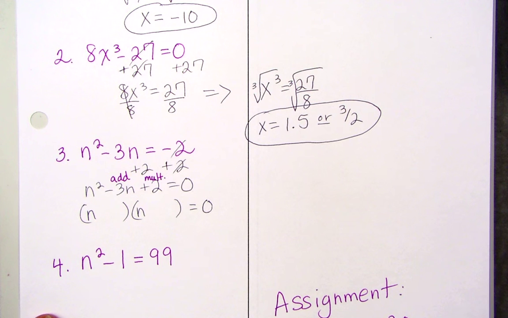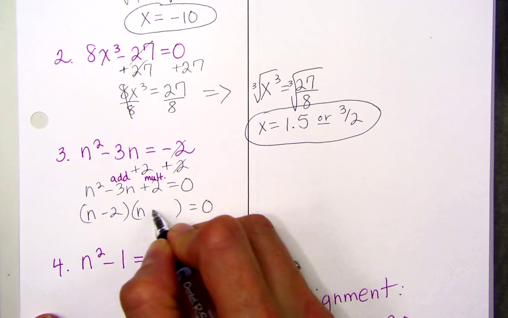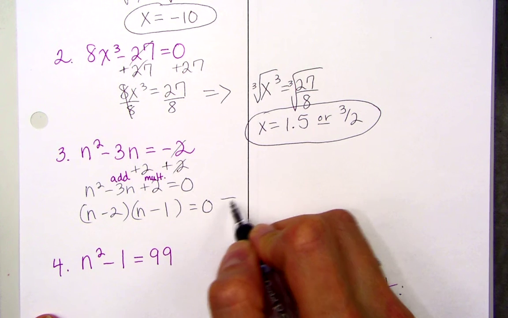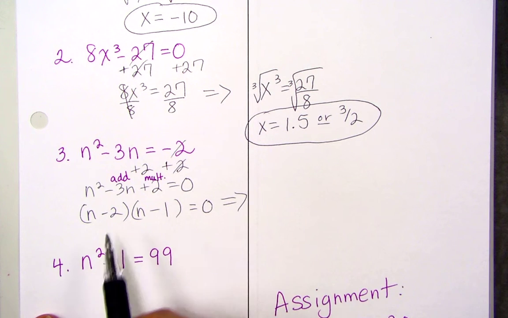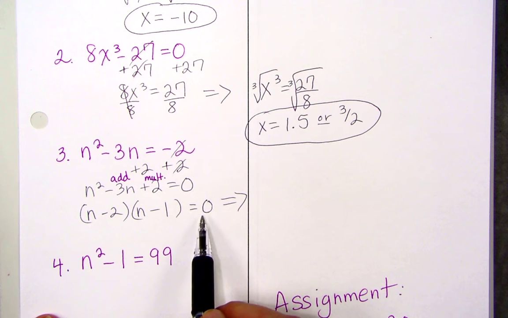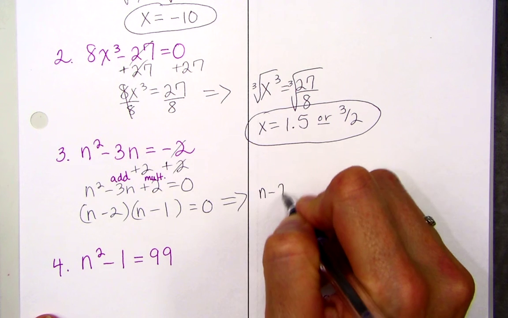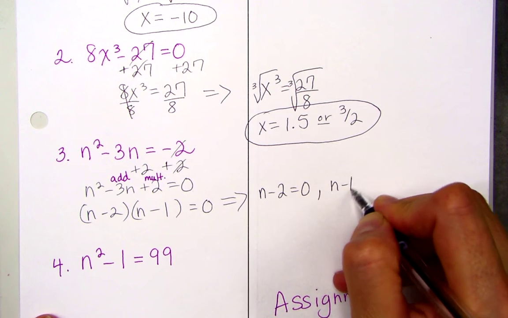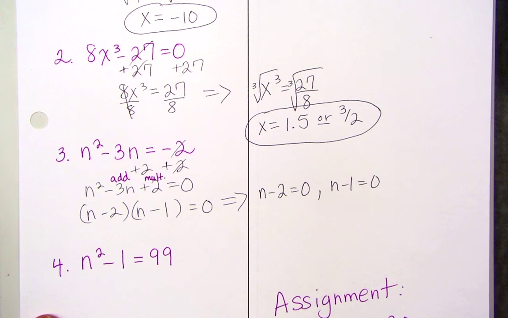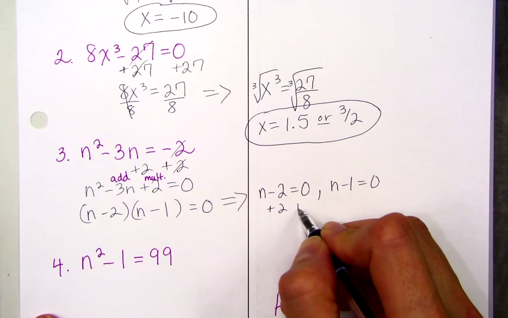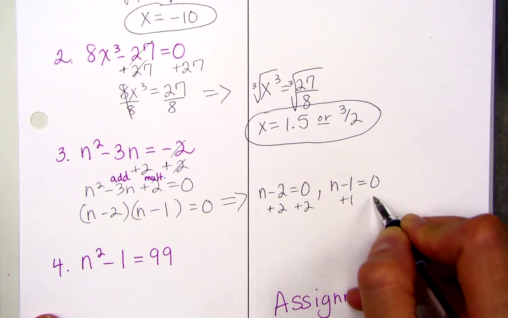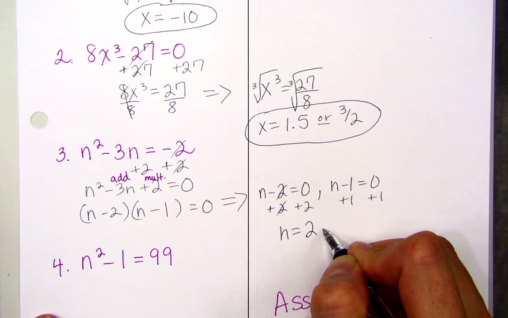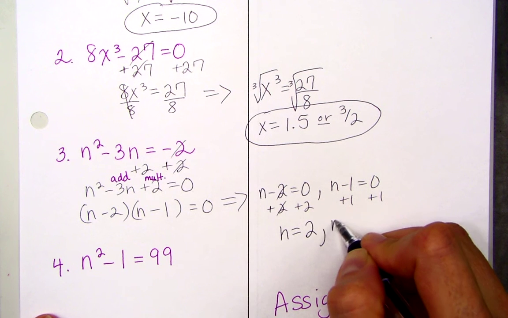And what ends up working is negative 2 and negative 1. Again, I didn't leave myself a lot of space, so I'm going to work this way. If two things multiply to give you 0, then either this one is 0 or this one is 0. And when we finish solving those, we end up with 2 and 1.